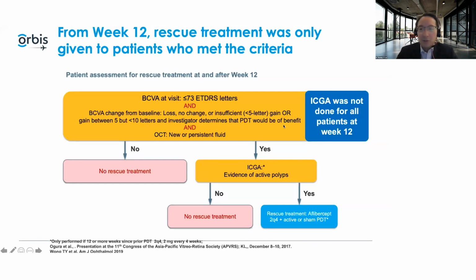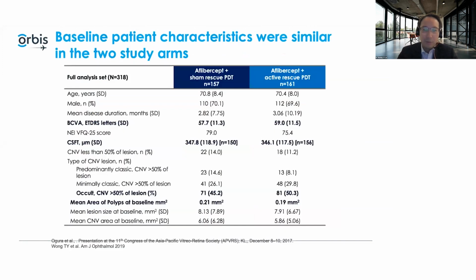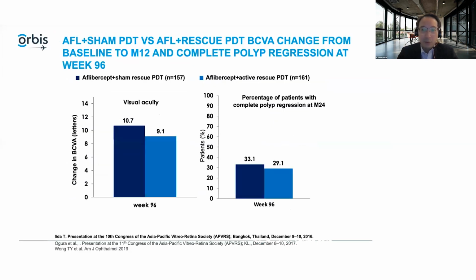But ICG was not performed in all patients at week 12, and so only about 17% of patients throughout the study were eligible for rescue treatment. And you can see that the CST was comparable, but these patients had worse vision to start with.